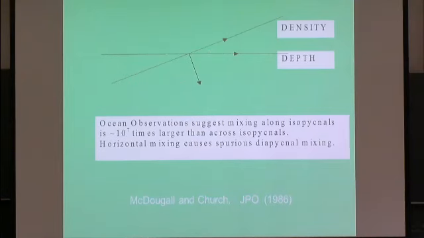So unless you get mixing to be along the isopycnals, if you have it in the horizontal, you are introducing into the model much too much spurious cross-isopycnal mixing. That's what happened in all the early ocean models, and you could not maintain deep water masses nearly as long as you wanted to.